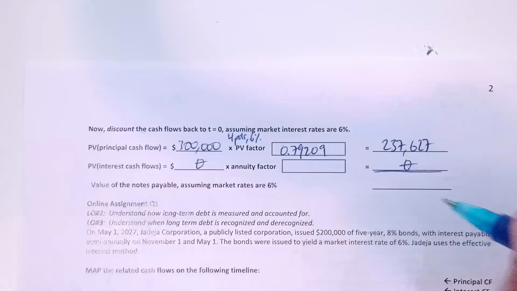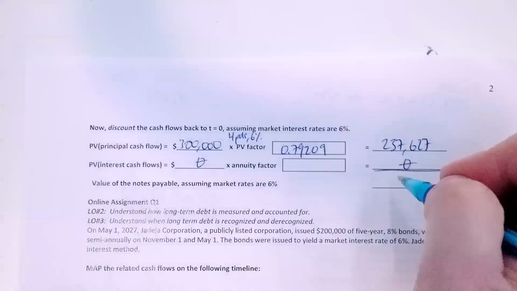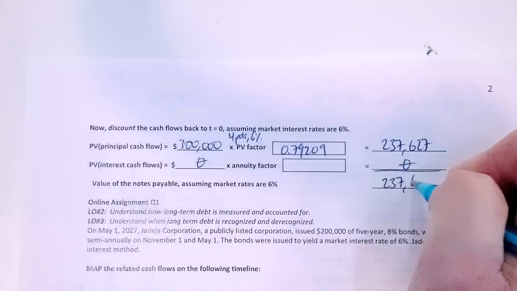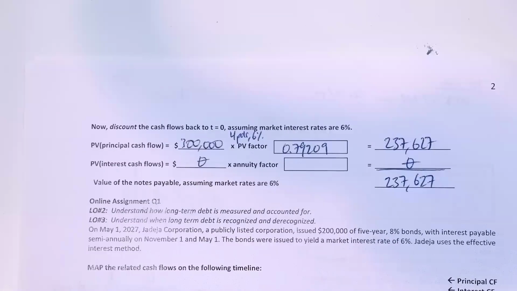So on the books, that $300,000 discount note would be carried at 237,627. Everybody good with this? This is how we value notes, bonds, long-term debt.